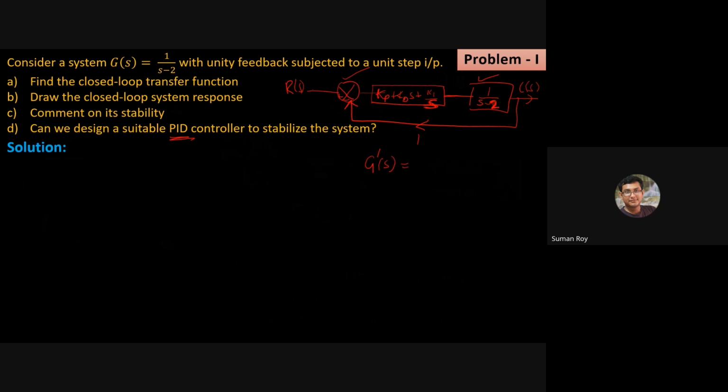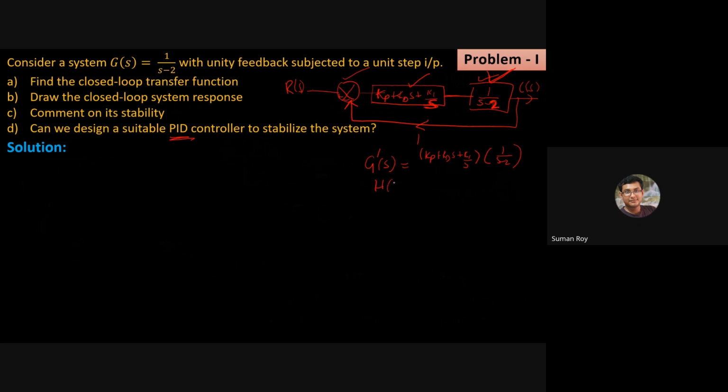Because G(s) was something different, 1 by (s minus 2), that was our G(s), but now it is modified. Now G dash is, you can write like this, (KP plus KD s plus KI by s) into 1 by (s minus 2), right? Am I correct? So this is G dash(s).